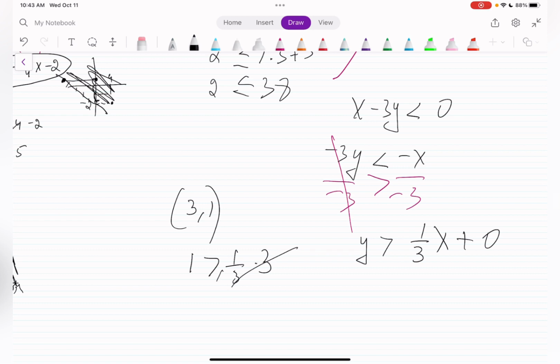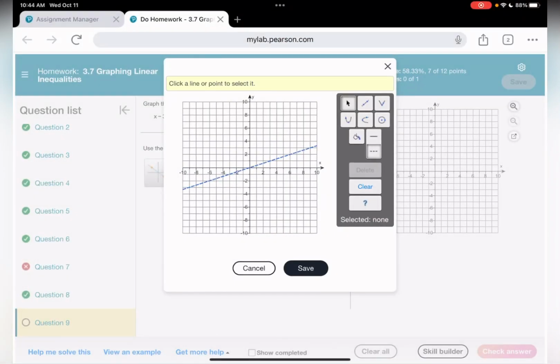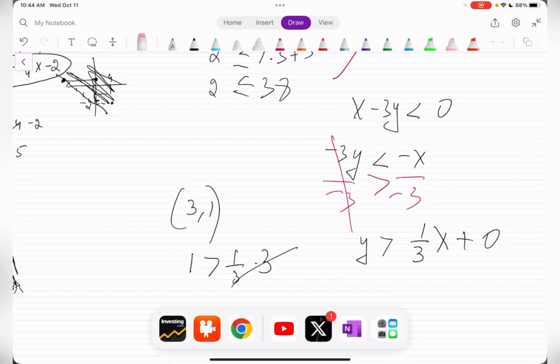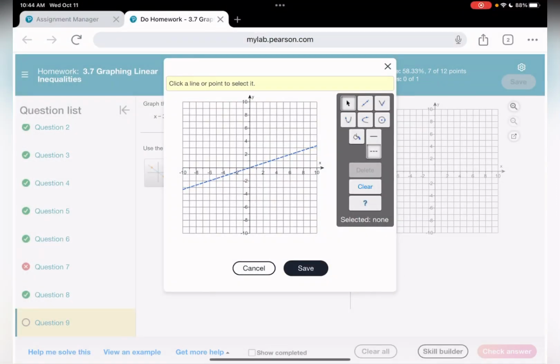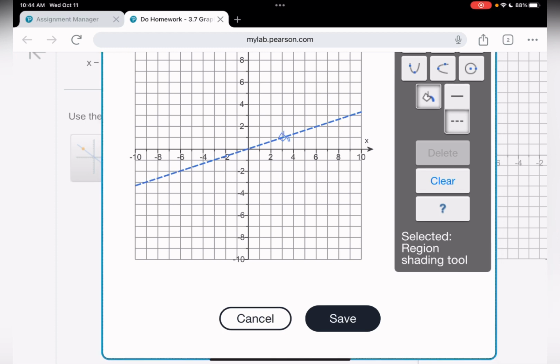Now this is not true, which means we need to shade the other side. I took 3 and 1 on this side, so it's coming to the left side.